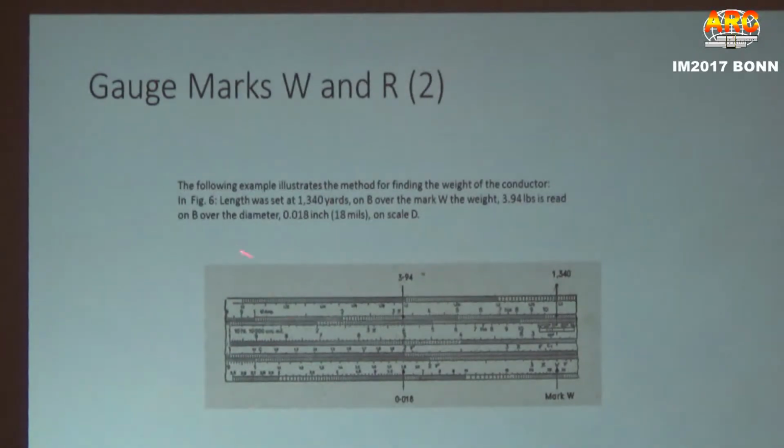Again, I've just used an example here. The length is set 1,340 yards over the mark W, and if you had copper conductor of 18 mils, you could read off there were 3.94 pounds of copper in that cable. More probably important for people that are actually stealing copper these days and working out how much weight they've got to actually go with it.